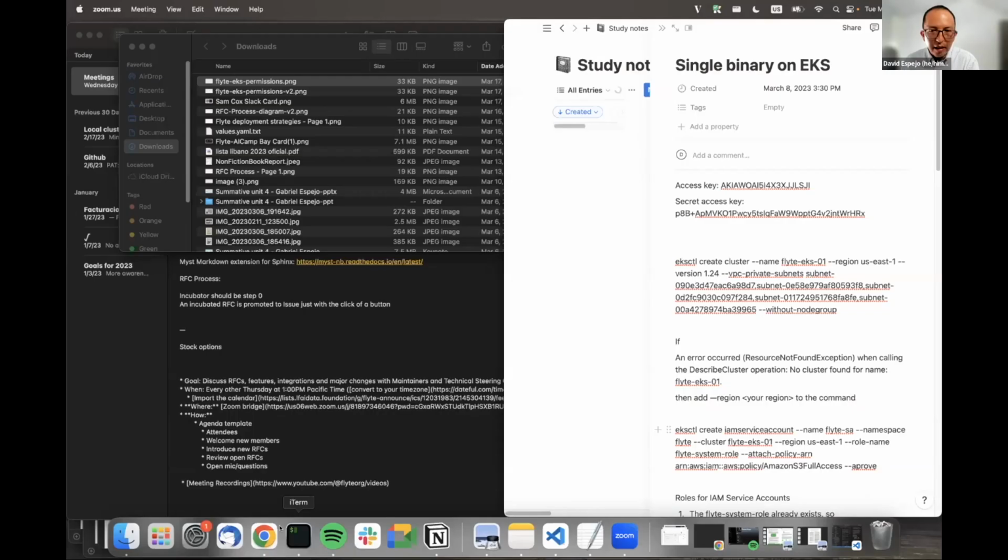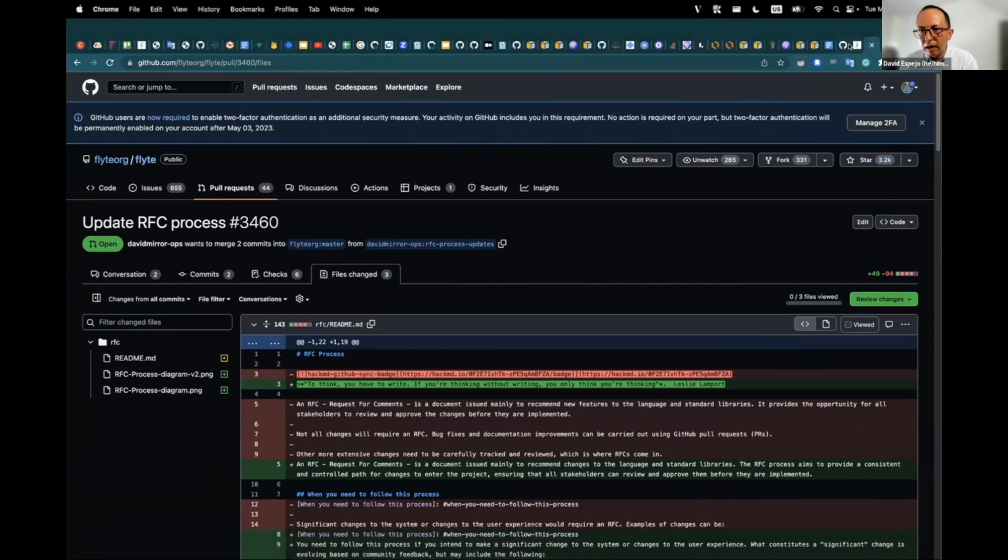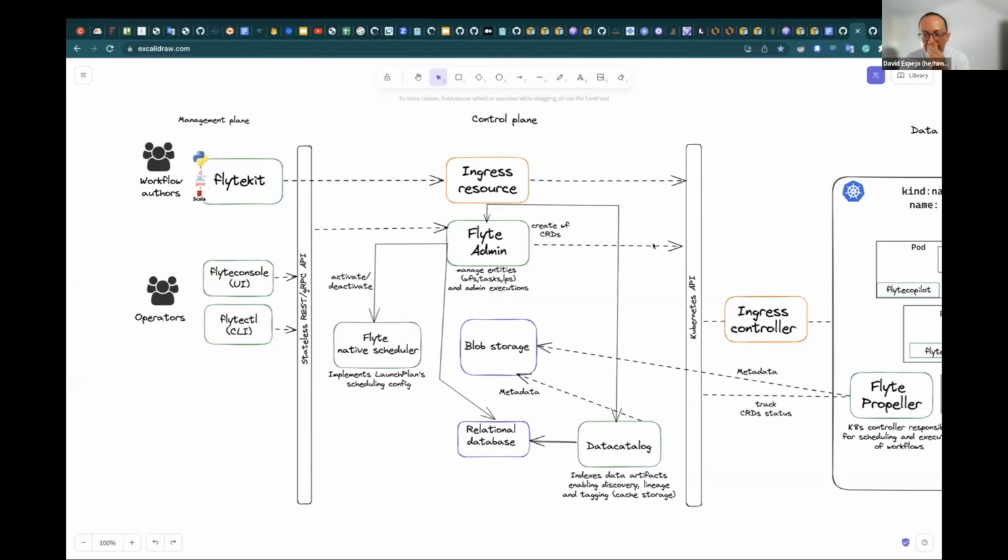It's a really lightning talk, a true lightning talk. Just to let you know that I've been working since several weeks ago, trying to wrap my head around the Flyte components and how they interact between each other, because I strongly believe that understanding the pieces helps with troubleshooting, helps with designing solutions, etc.